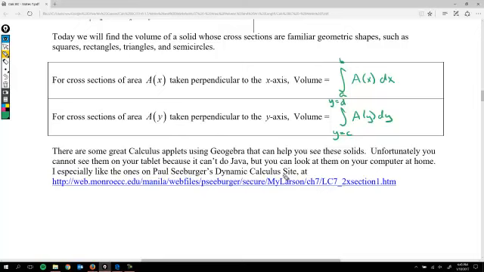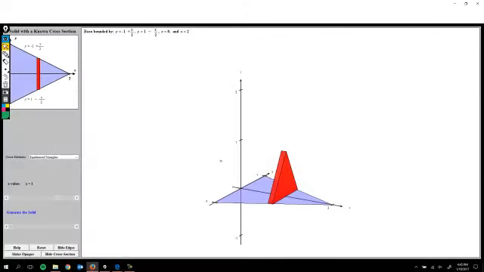So there's a really good applet right here, and we'll take a look at it. For instance, here are my functions. I have 2 functions here. This is what we did in the last section where we just found area. Now we're taking that and using this area as a base for another area.